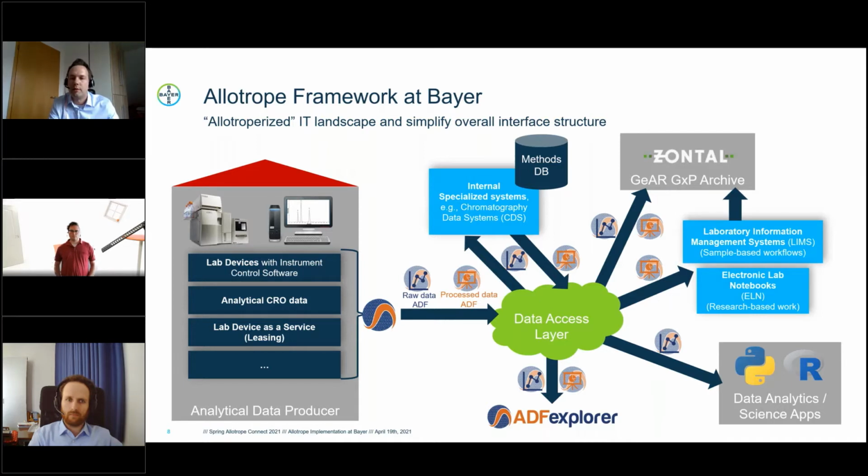All the different systems are then attached and connected to it. It's also possible, as shown in this example of the chromatography data system at the top, to enrich this information in your ADF files. For example, if you make an analysis, you can write it back and update it, and then all your different applications will benefit from it.